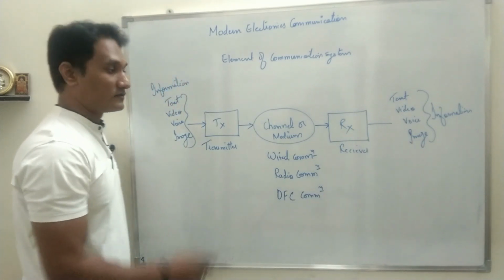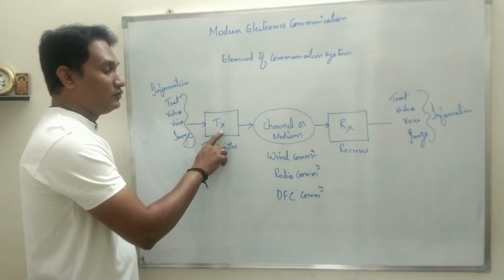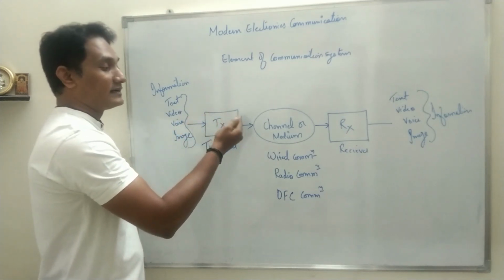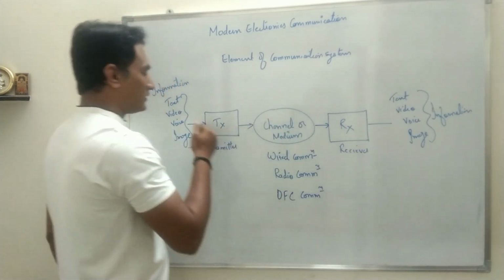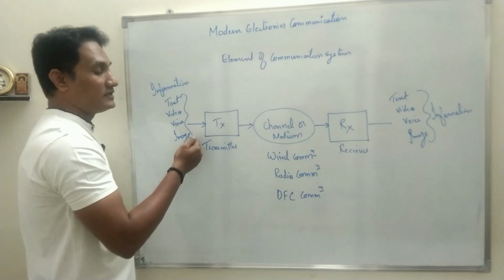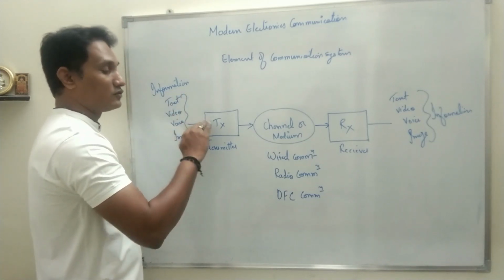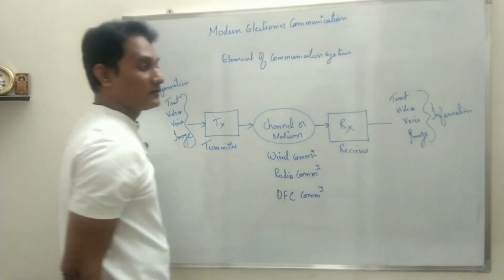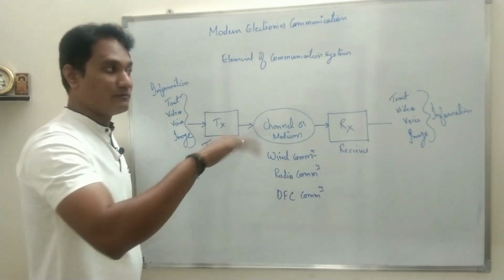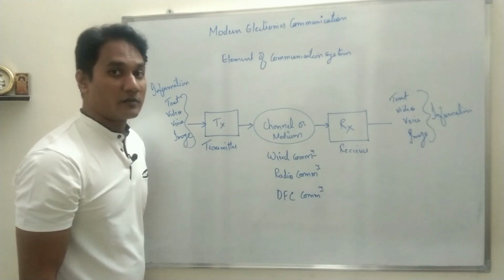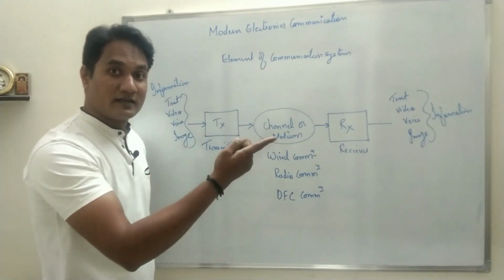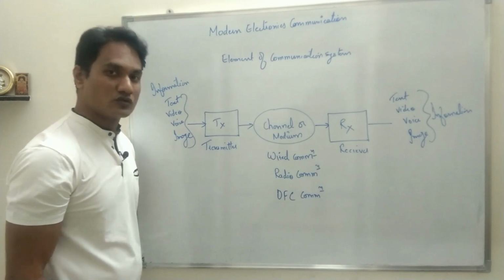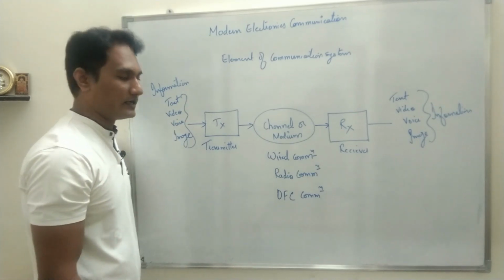The transmitter will convert the text, video, voice, images, all this information, into electrical signals, and at the receiver end the receiver will convert electrical signals back to the information. So we select the transmitter and receiver on the basis of the channel or medium which we are going to use. That is the most important element.